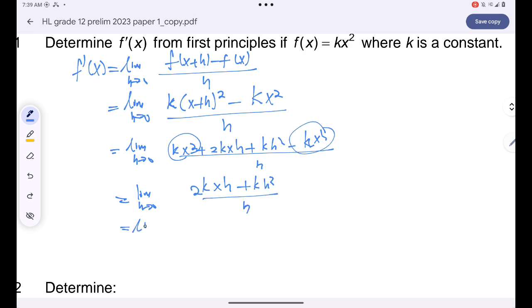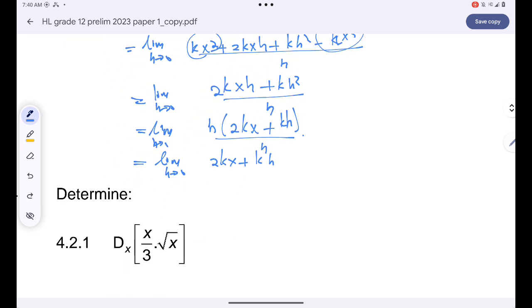Now I can take out a common factor, which is just h. I'll be left with 2kx plus kh all over h, and then these two will simply cancel one another, and I'm left with the limit as h approaches 0 of 2kx plus kh. Are we together?